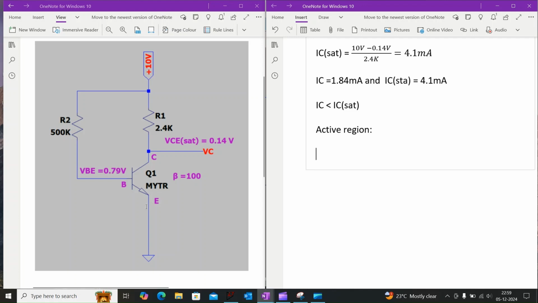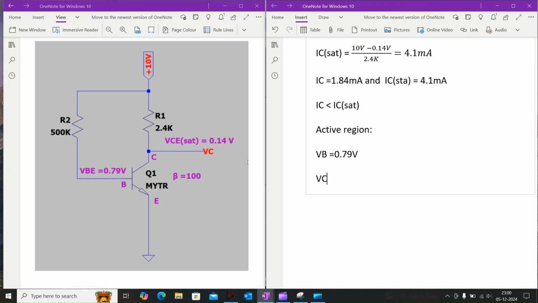Here the base to emitter junction is in forward bias condition, so the base voltage VB will be 0.79 volt, and we need to find the collector voltage to conclude whether this collector to base junction is in reverse bias or forward bias condition.